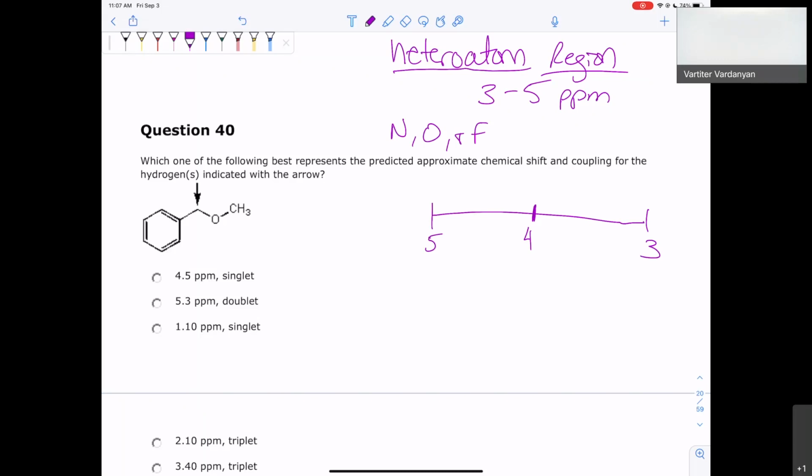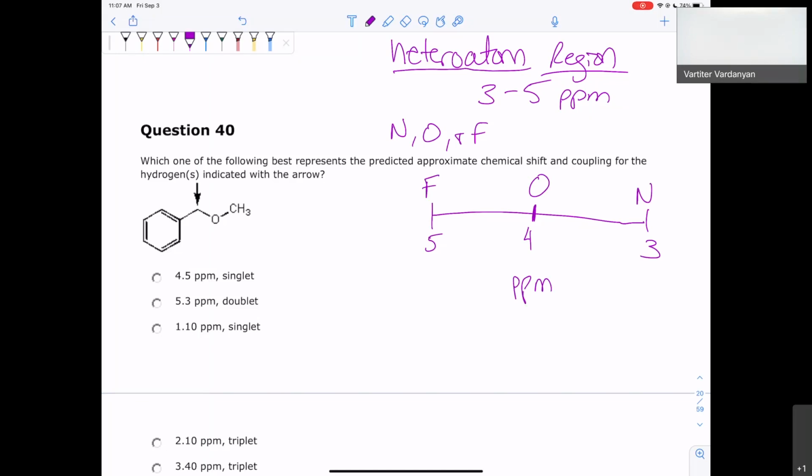Out of these three, which one is the least electronegative? Nitrogen. So the less electronegative it is, the lower the number it will have. Nitrogen is about at a 3, oxygen is at a 4, and fluorine is at a 5.